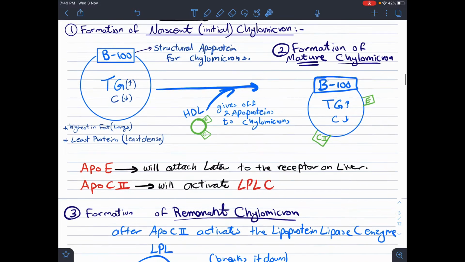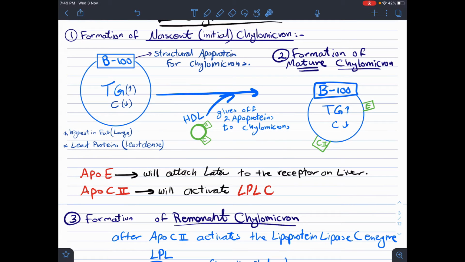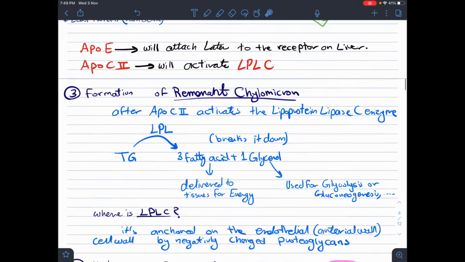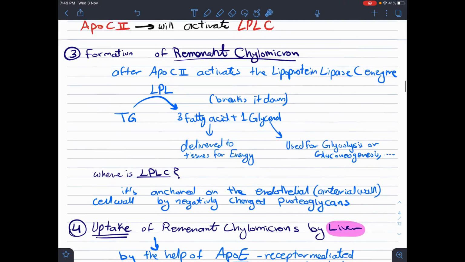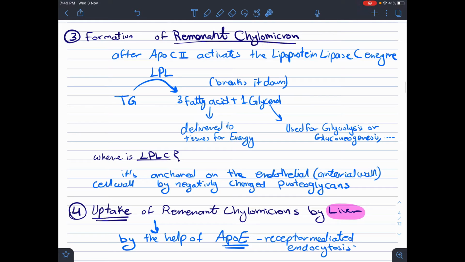So these are the first two stages of formation of the chylomicron, the nascent and then the mature. How does the mature one get matured? Because HDL is going to give off these two apoproteins. The third thing is the formation of the remnant chylomicron.